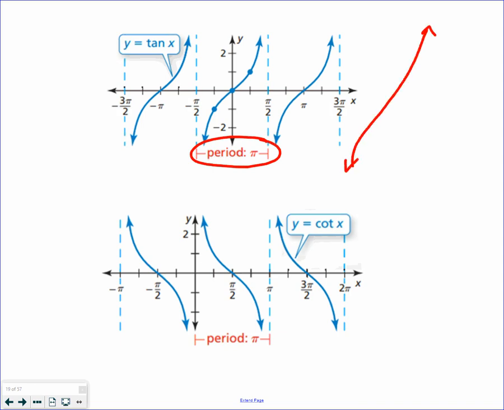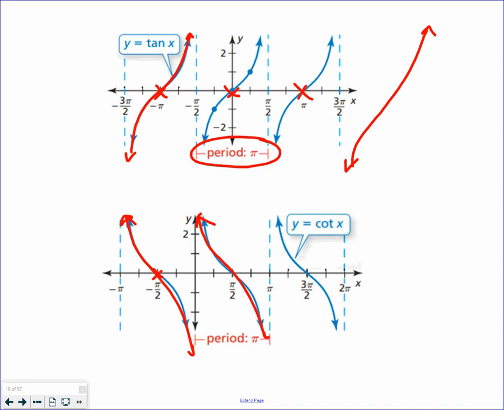As it goes along the asymptotes, it starts low and goes high from left to right. Cotangent goes the opposite direction, starting high and going low. Notice that it crosses the midline in the middle, so in between the asymptotes, it will cross the midline. Cotangent goes high to low, tangent goes low to high.